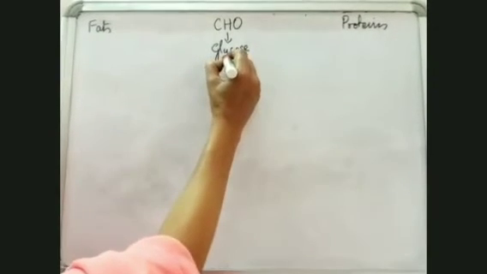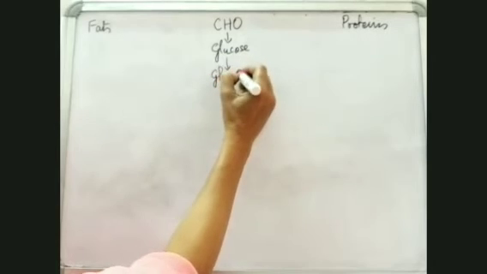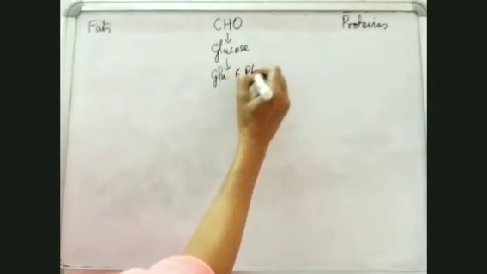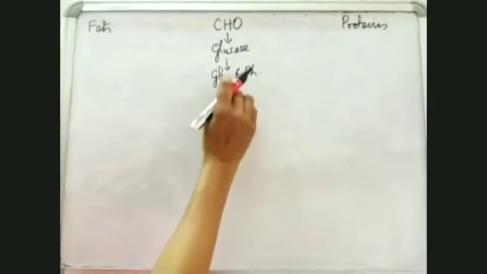In short, it forms glucose 6-phosphate, then fructose 1,6 biphosphate. Many steps are there in between.